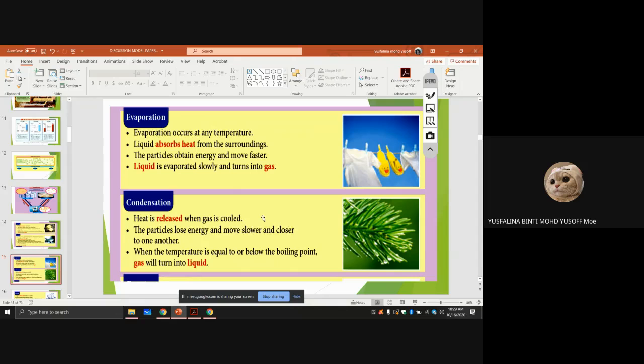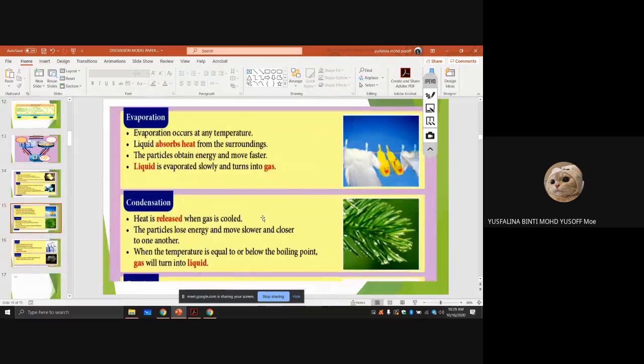Okay, for condensation. Condensation is actually from gas to liquid. Heat is released when gas is cooled. The particles lose energy and move slower and closer to one another. Before this they absorbed energy, but this one they release energy.